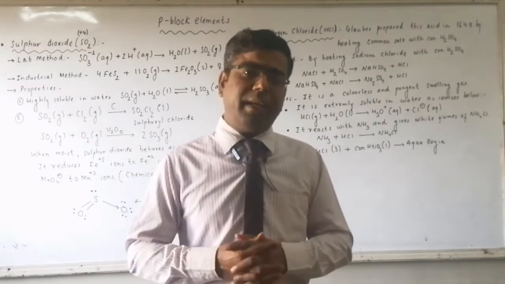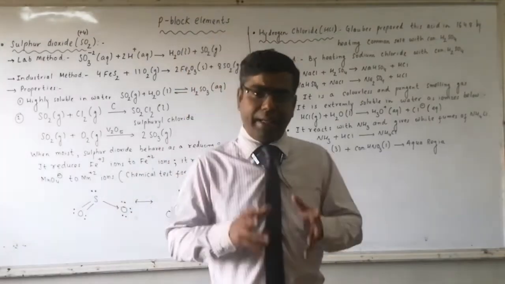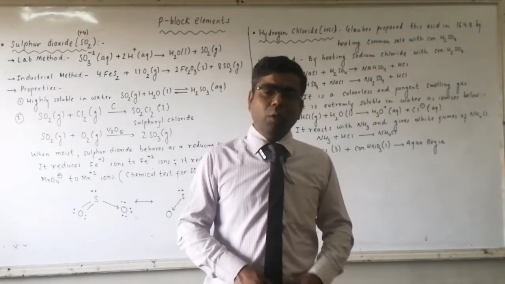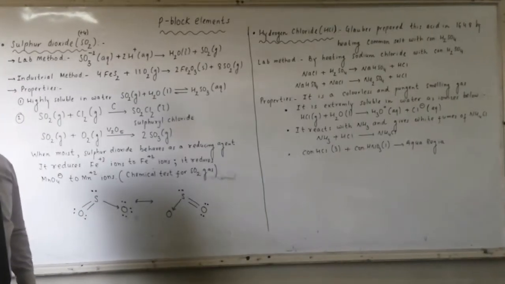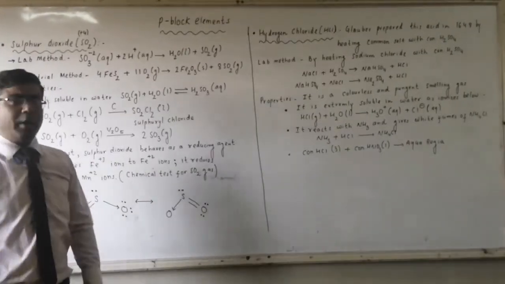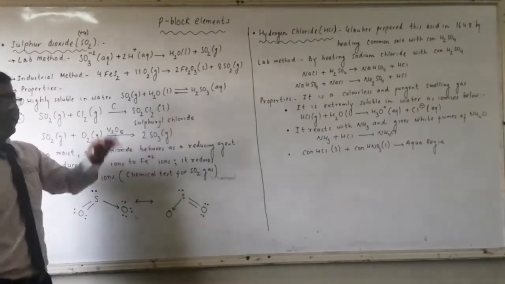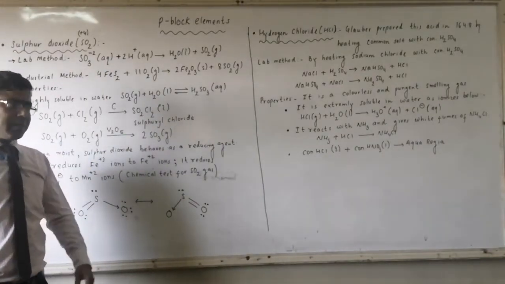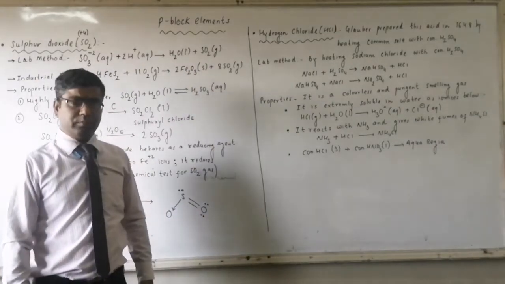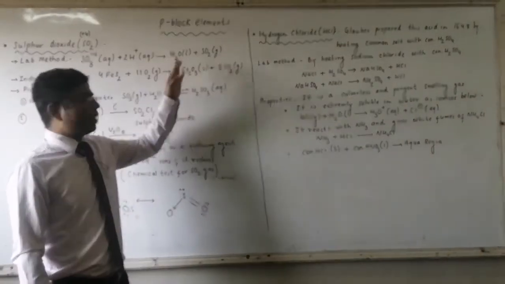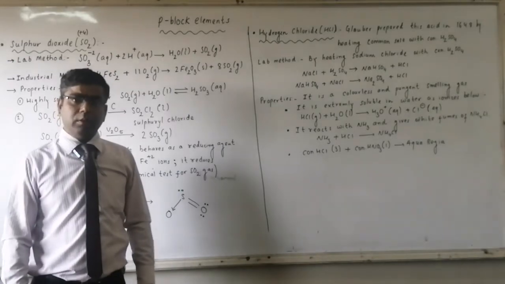Any salt which contains SO3 -2 ion, that is sulfite ion, when treated with acid, then this acid has the property to decompose sulfite salt, as a result of which SO2 gas is produced with the formation of H2O also.